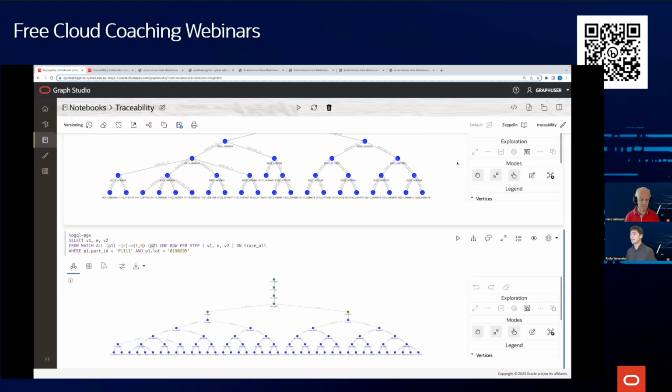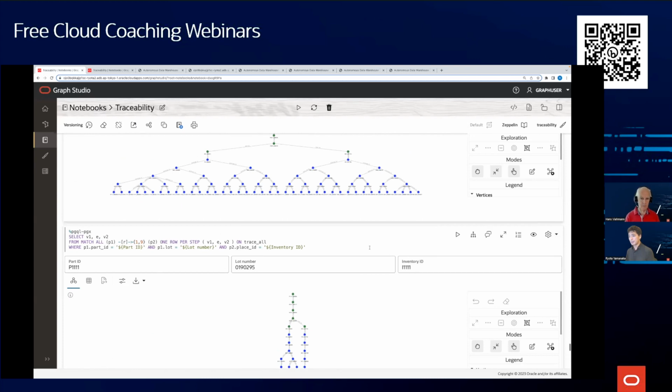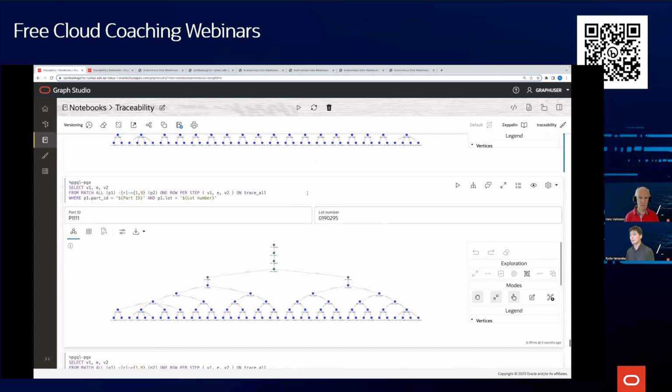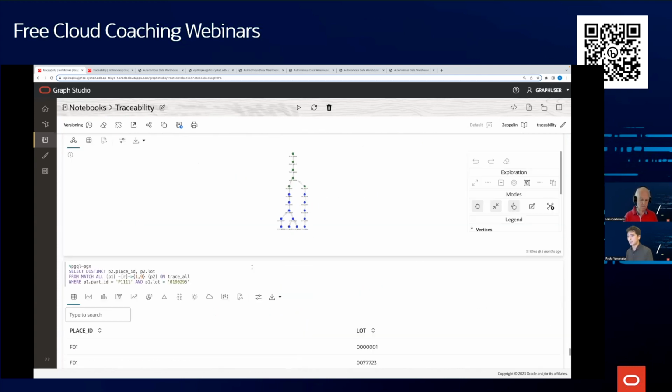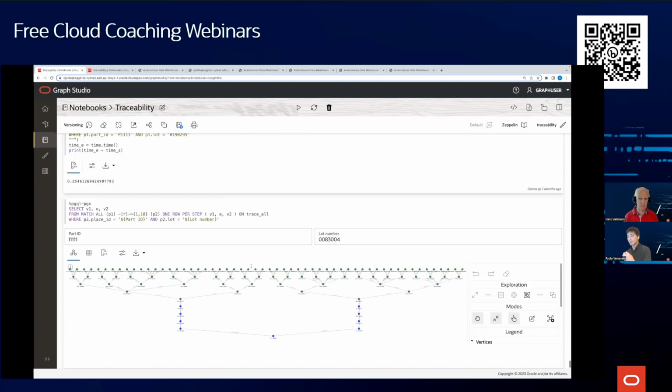And this query is very performant when you use a graph database. So having this interface, you can change the lot number, and you can run graph trace forward search and trace back search to find problematic parts, and also all the destinations affected.